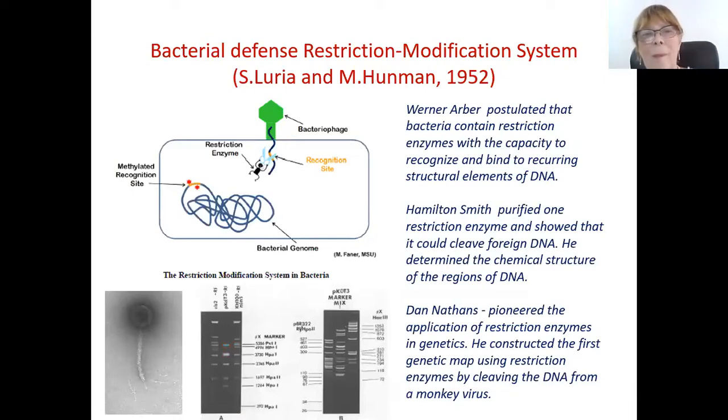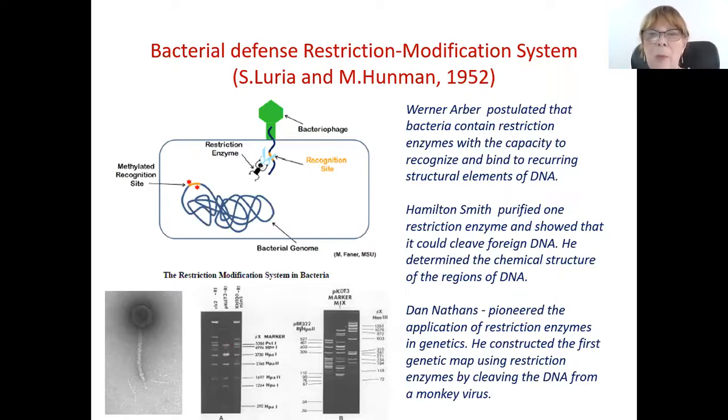And next, a very interesting story is about the bacterial defense system, which is called the restriction modification system. First, Salvador Luria noticed that something like this was happening. Werner Arber postulated that bacteria contain restriction enzymes with the capacity to recognize and bind to recurring structural elements of DNA.